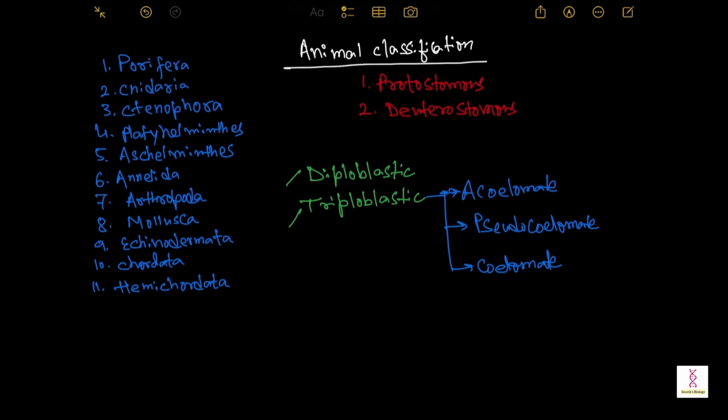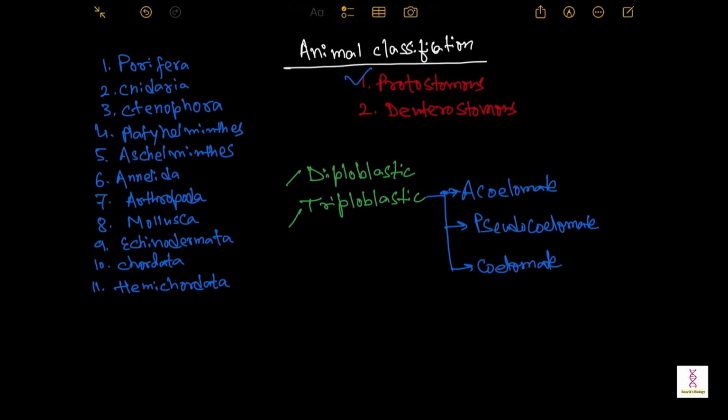Now come to the first point, what are protostomous animals. As you all know, when the zygote is formed from the sperm and the ovum, it becomes morula, 16 cell stage, and from morula blastula is formed, 32 cell stage. In blastula condition, blastopore is created.